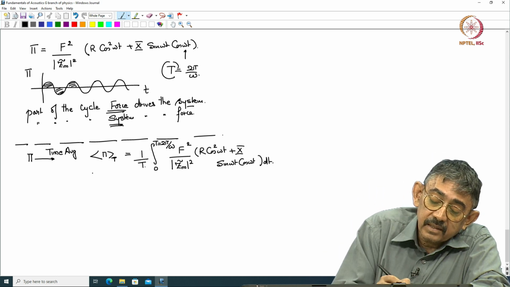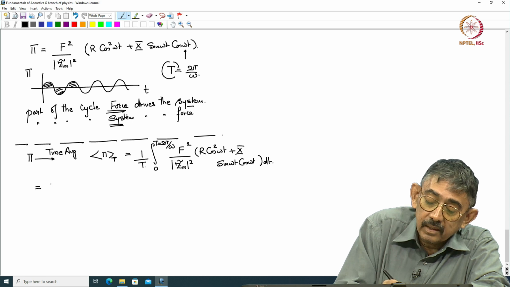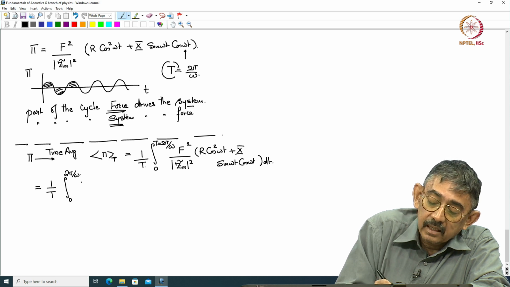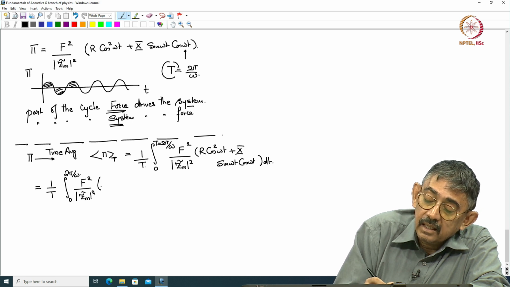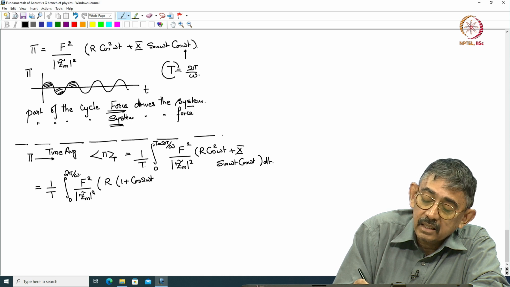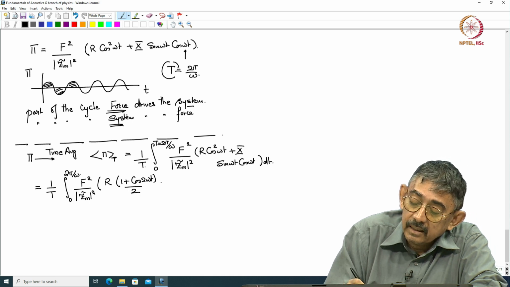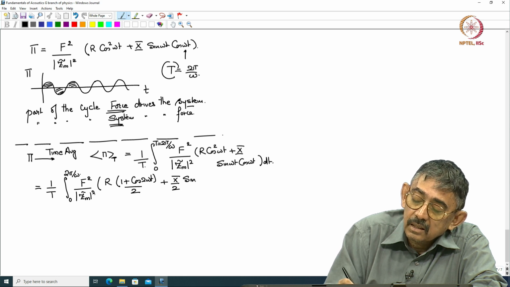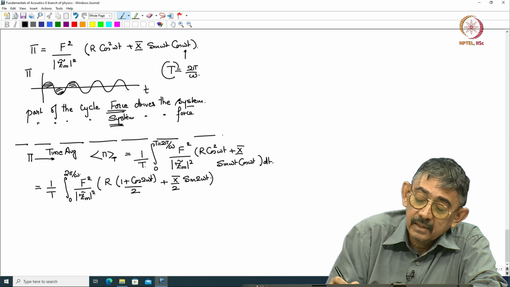So if I start over here, it is equal to 1 over T integral 0 to 2π by omega, F squared by magnitude of Z mechanical squared, then I write cos squared omega t as (1 plus cos 2 omega t) over 2, and let me write this as X over 2 sine 2 omega t dt.